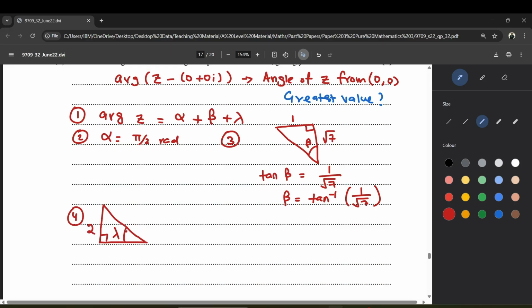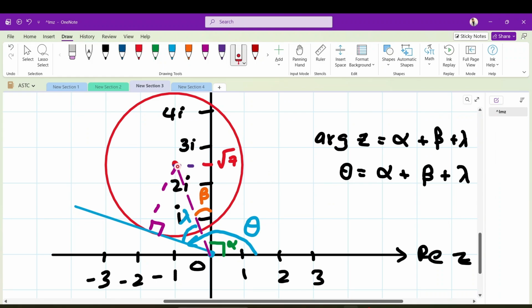But in order to find lambda, we need to know what this length is. Okay, now pay attention, this length, let's say this is x, right, this length is the same as this length. If you look over here, this is common to both the triangles.